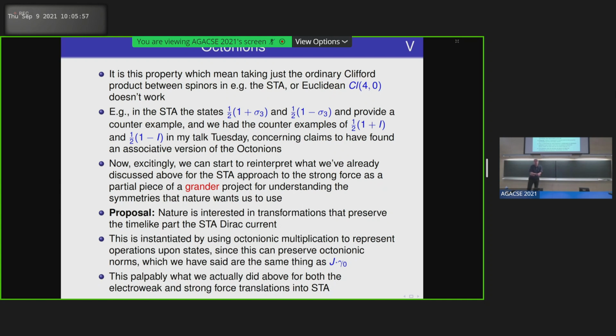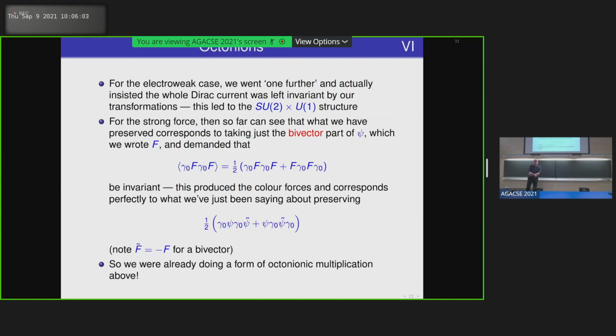And this is palpably what we've already done so far, the two things I've already talked about, as giving you the symmetries that we want within the STA. In particular, for the electroweak case, we went one further. We didn't just preserve the time bit, we preserved the whole Dirac current, and that gave us SU2 cross U1.